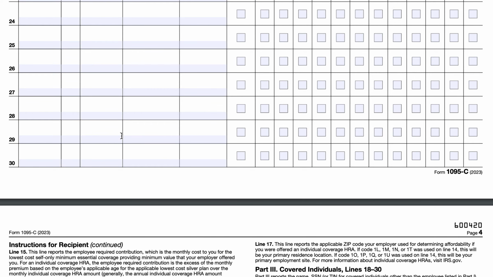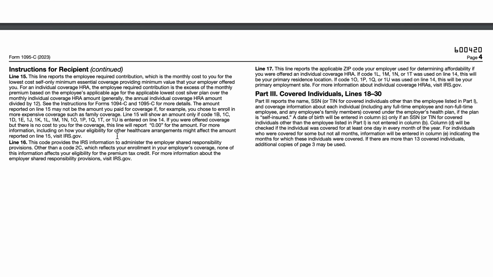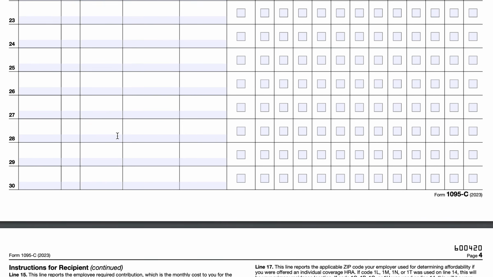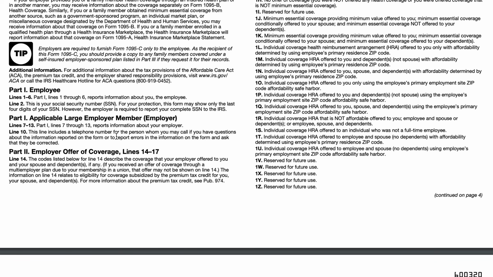They will only provide a copy of your Form 1095-C to the employee. So just keep that in mind. Again, there's not a whole lot of reporting requirements from individual taxpayers to the IRS, but it is a good idea to have a basic understanding of what your coverage is, and to know who you can talk to if you have any questions or concerns.